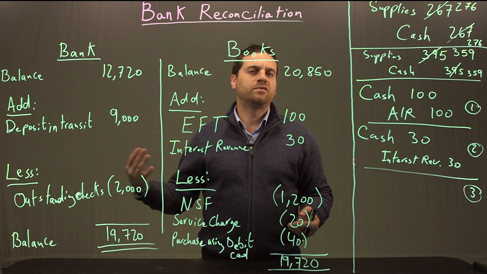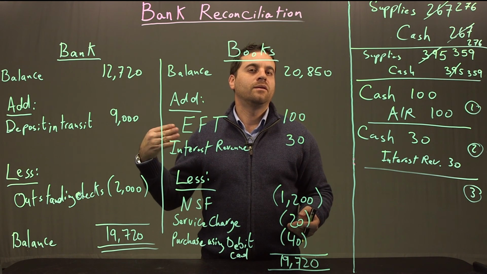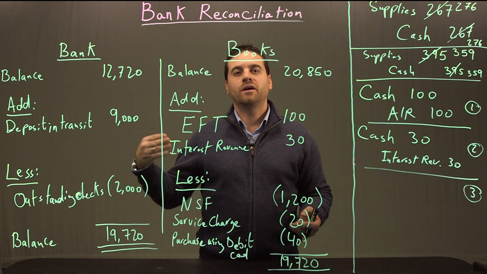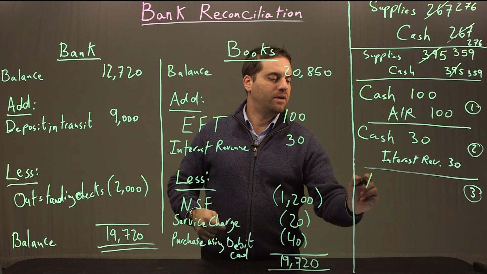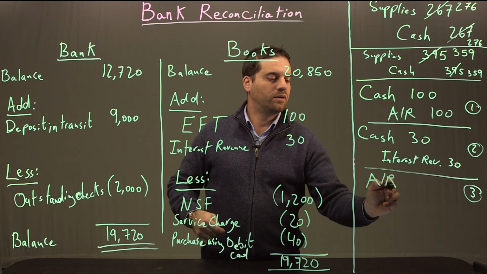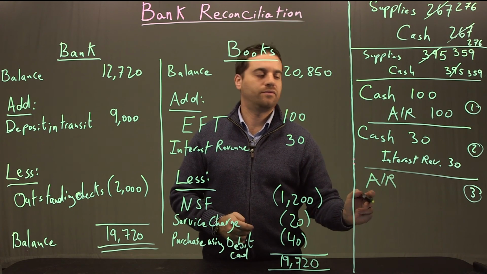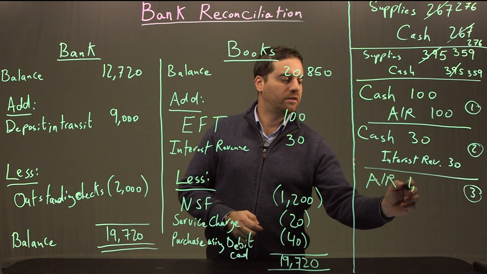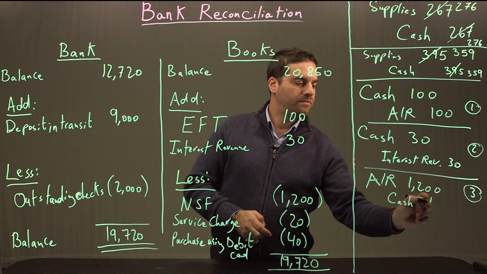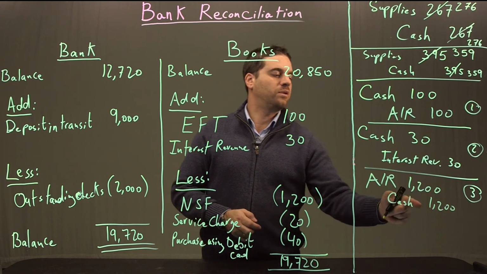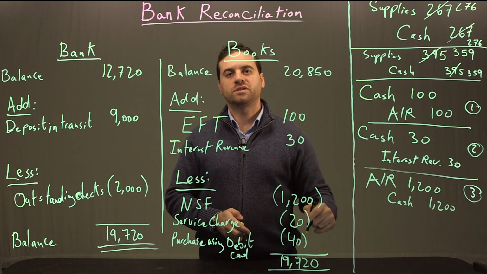So in other words, we consider that the customer owes us money now, which is accounts receivable. So you're going to debit accounts receivable whenever you have NSF. Okay, so that will be a $1,200 receivable, and then you're going to credit cash. So you're technically transferring the $1,200 from cash to the receivable account.